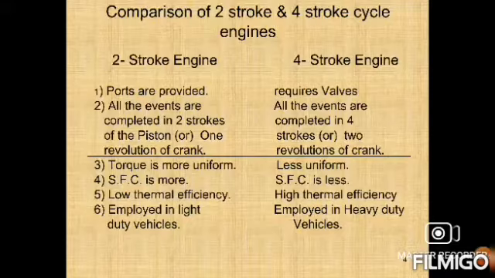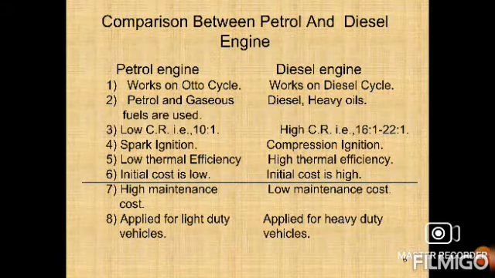Next, in a two-stroke engine the charge first enters into the crankcase, and therefore the crankcase is made gas tight. While entering in two-stroke engines, volumetric efficiency is low due to the lesser time for suction, so the amount of charge taken is less.